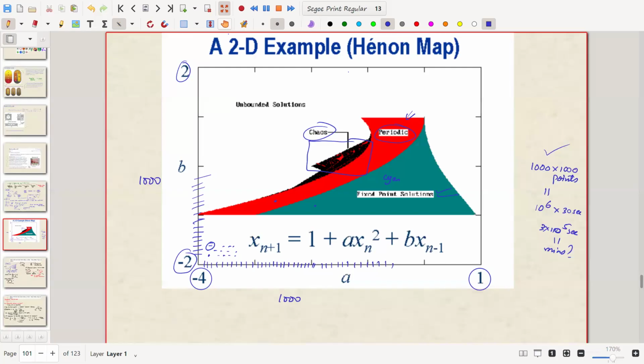Can you see here? Suppose in your exam you get this figure, and one particular direction is being asked, suppose this is the direction.